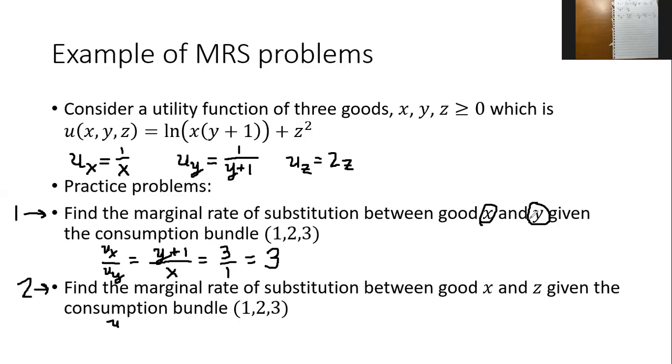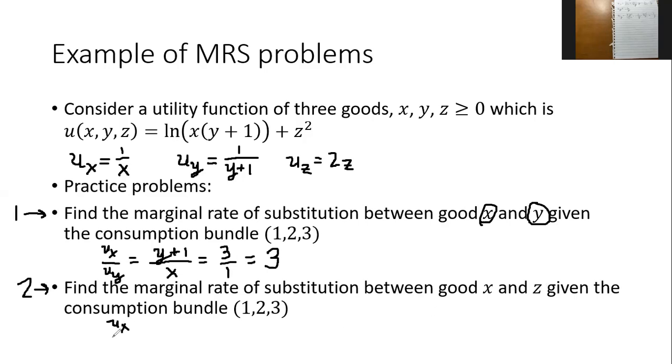When you're talking about the marginal rate of substitution, it's only marginal utility of x over the marginal utility of y. And it's okay that z is not in there. Now for problem 2, now it'll be marginal utility of x over marginal utility of z. That's the thing that's changed here.